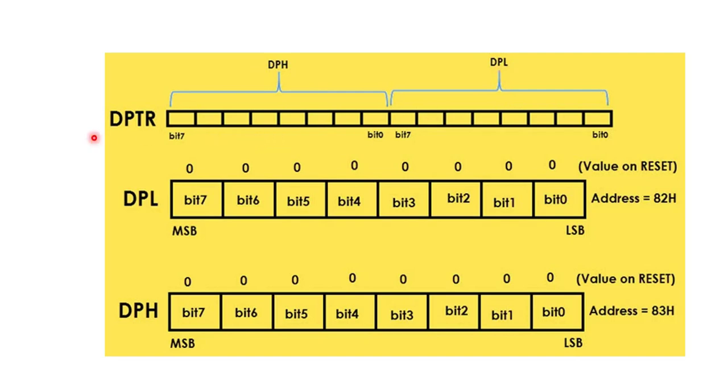We can use the total 16-bit DPTR register as well as the 8-bit DPH or DPL register. The physical address of DPL in the special function register area is 82H and of DPH is 83H. But DPTR doesn't have any physical address in the special function registers of internal RAM.